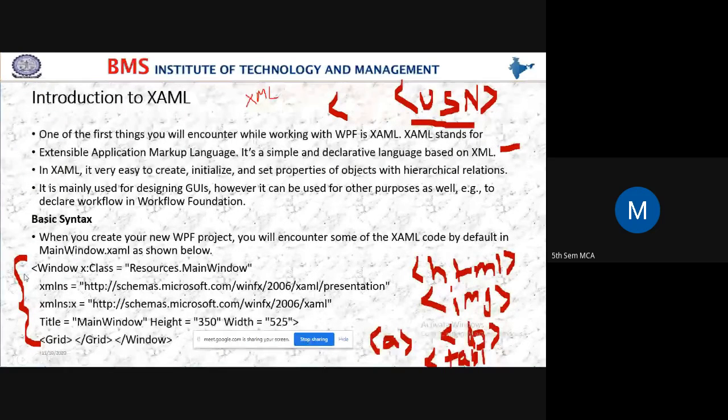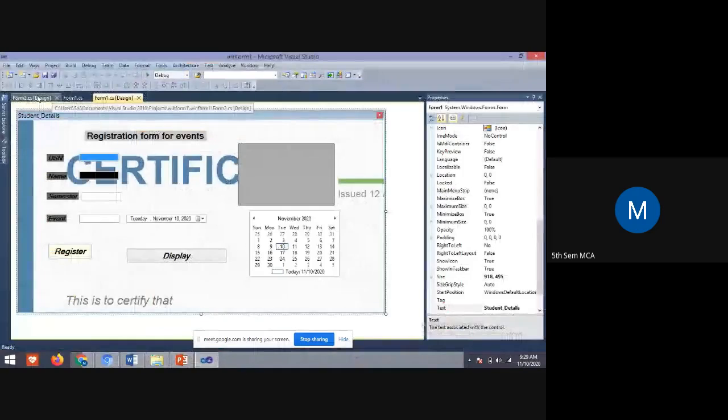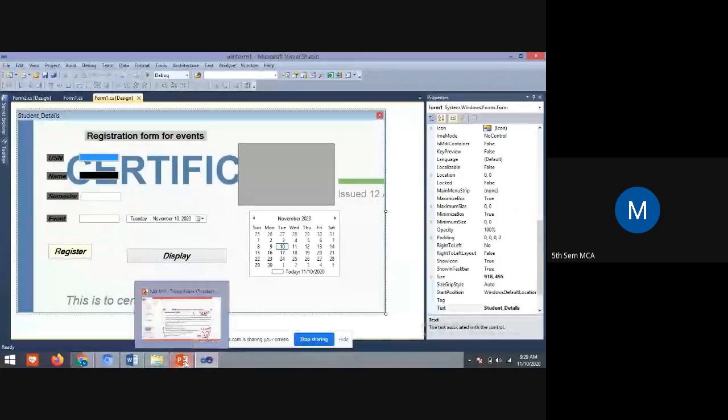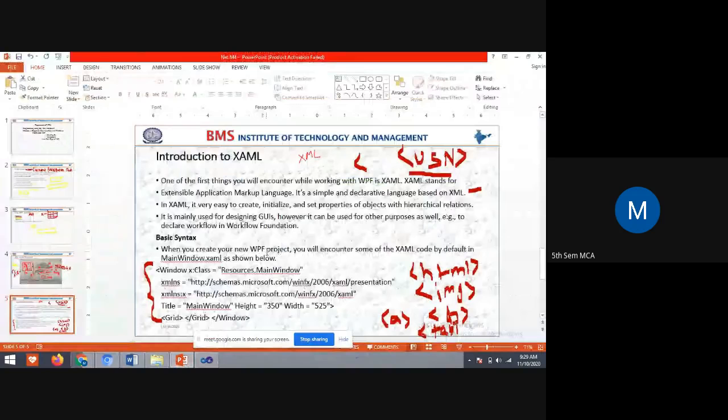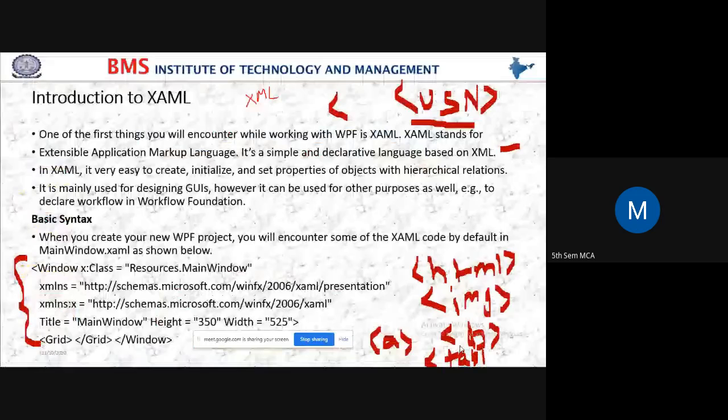This code is available by default. Just as with a console application, when you open any new WPF project, this code will be there.